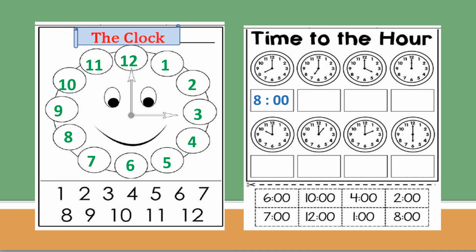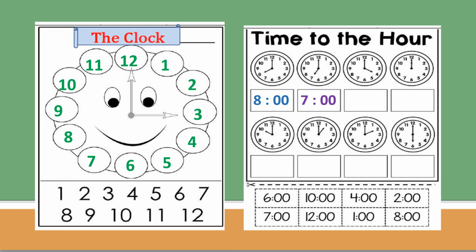In the second clock here, the short hand points to 7 and the long hand points to 12. In digital form, it means 7, 0, 0, 7 for hours, 00 for minutes. Here, the short hand points to 4 and the long hand points to 12.